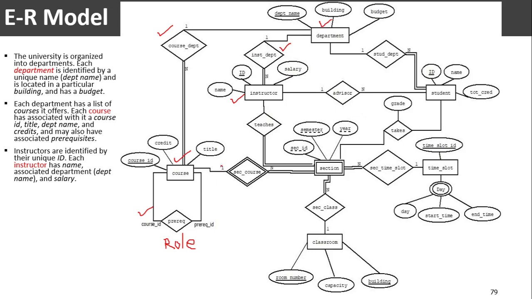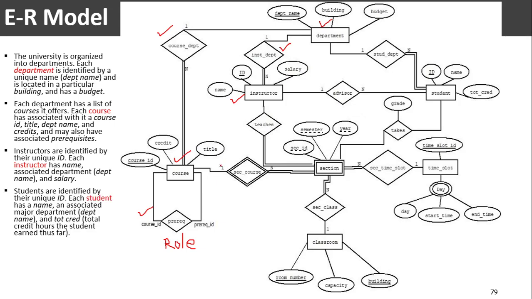Fine. So let's proceed now with the next statement. Students are identified by their unique ID. Each student has a name, an associated major department and total credit. Okay, so we have identified that student should be the entity set.